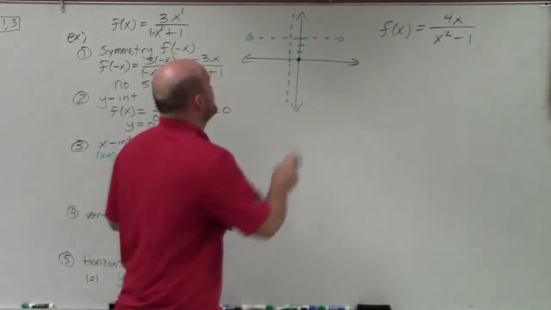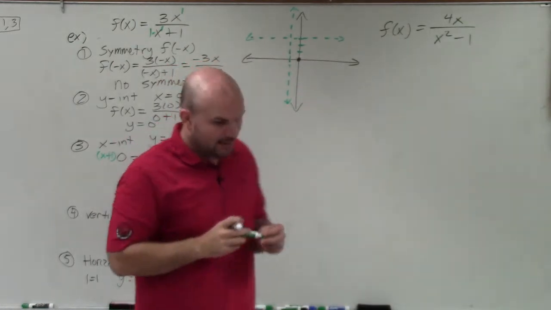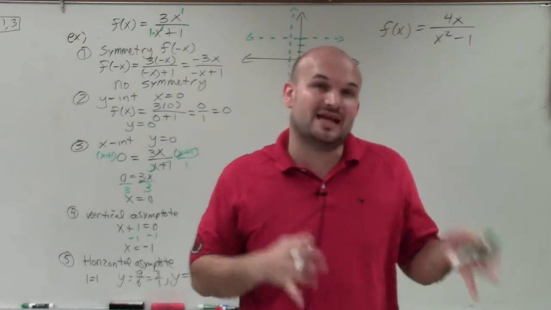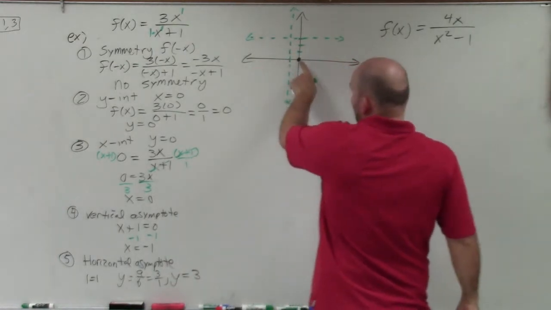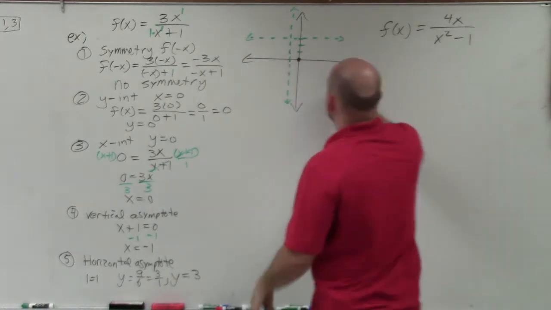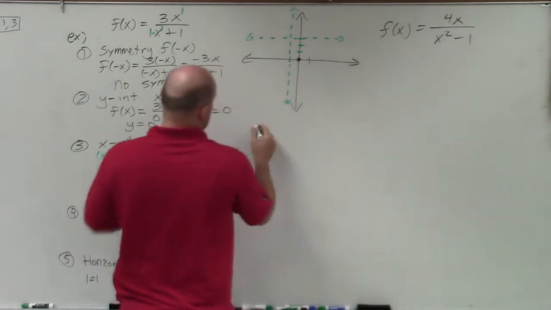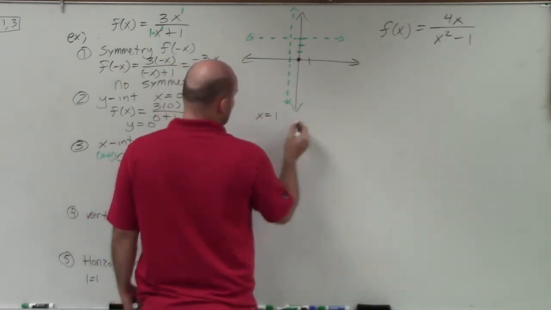OK? So now, what I like to do here is I know I have 1 point here. Basically, now what I want to do is go ahead and pick at least 2 points to the left and to the right of every vertical asymptote. So fortunately for here, I already have 1 point at 0. So I just need to pick one more point. So I'm going to pick f of 1. What is going to be the value when x is equal to 1?